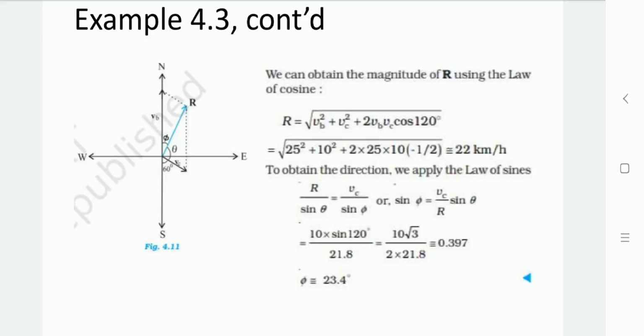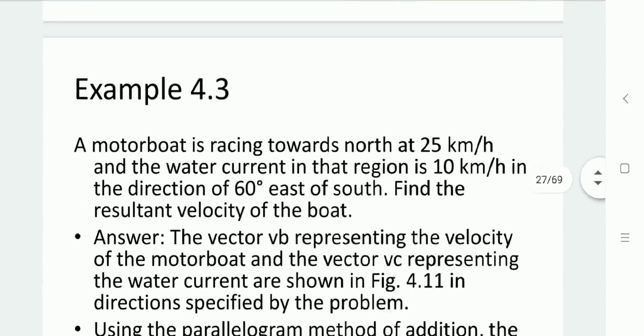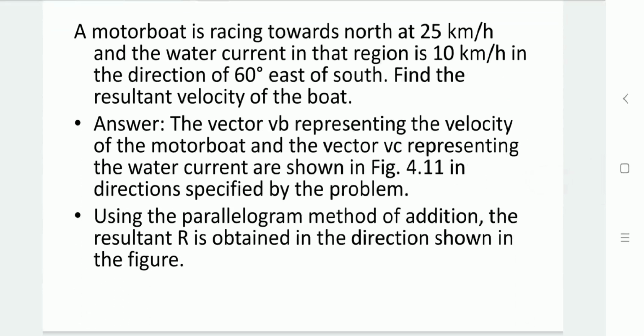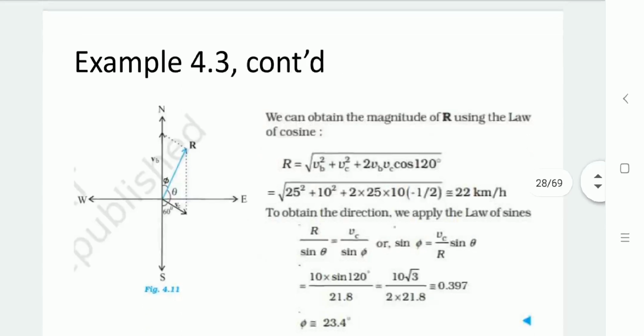So the resultant vector, as it is given in the example, the water current is available at 60 degree east of south. So the angle is 60 degree between vector VC and south direction.